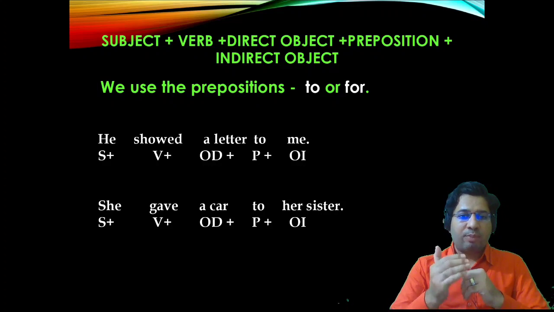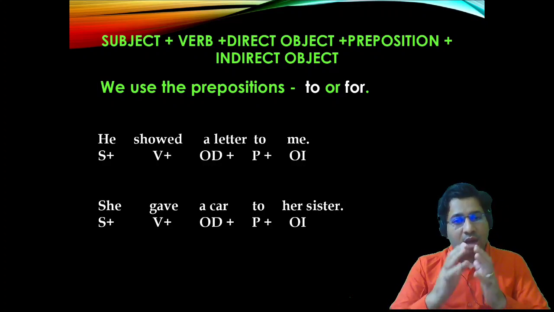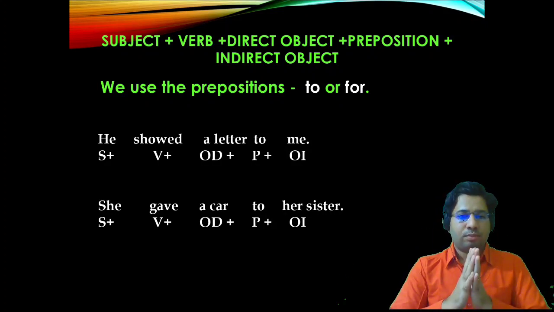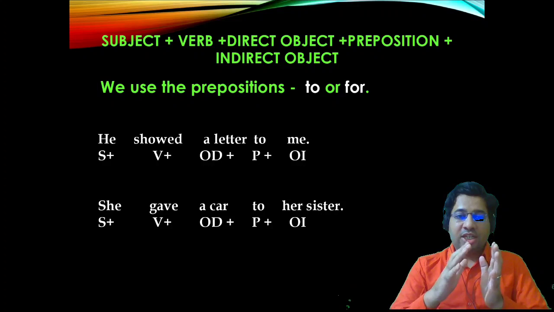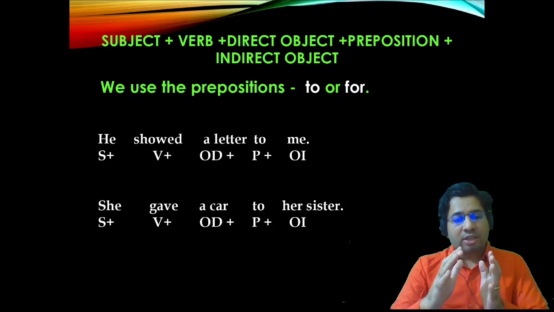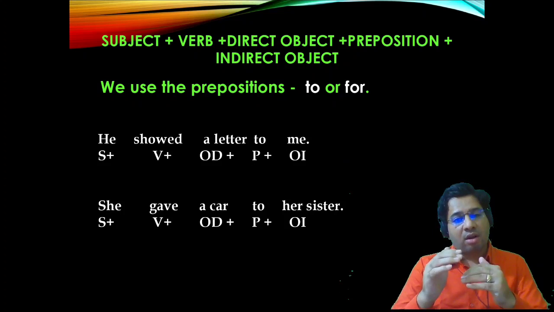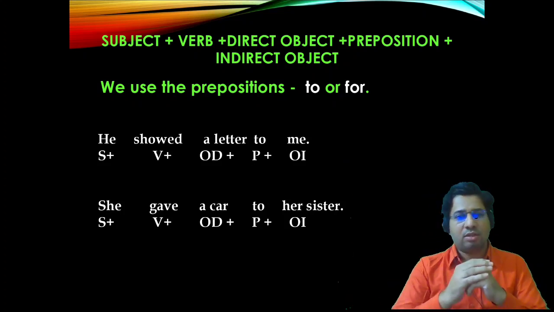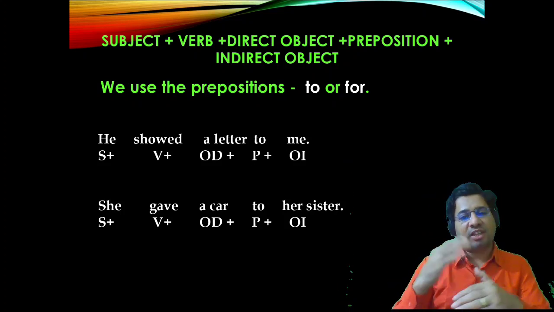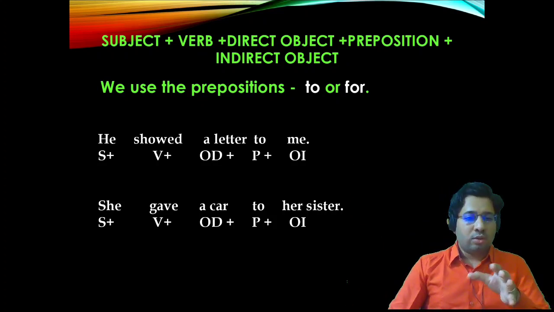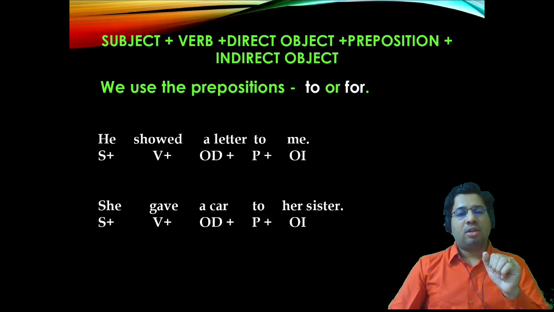We need to keep in mind also that indirect objects are almost always introduced by a preposition. For example, he showed a letter to me. She gave a car to her sister. So after the preposition comes the indirect object, that is to me and her sister.